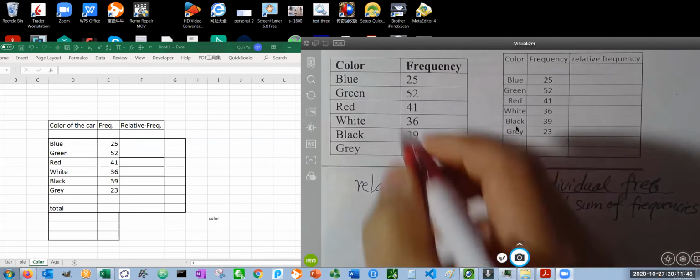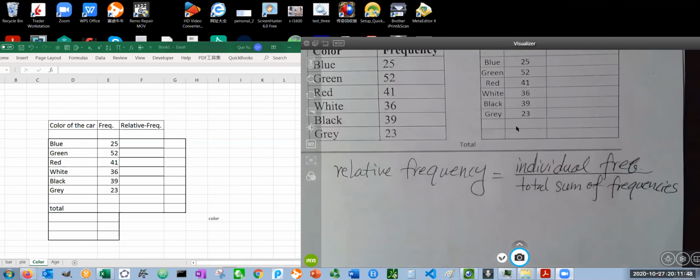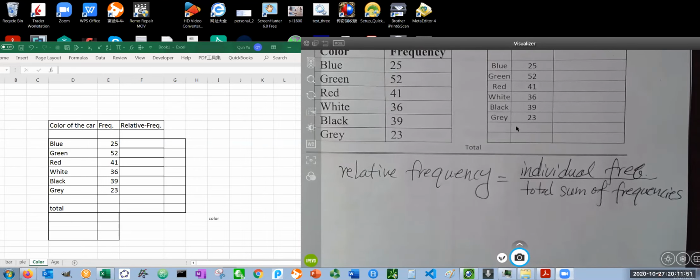That means you need to add them all together. Total frequency. That's how you calculate relative frequency.